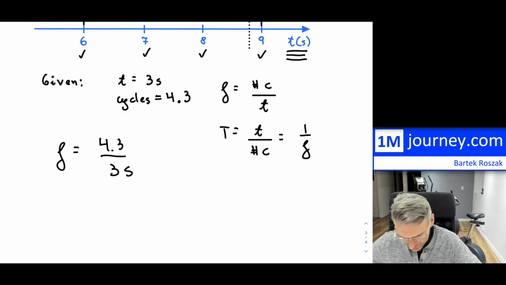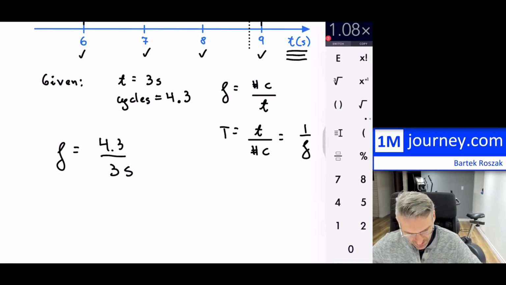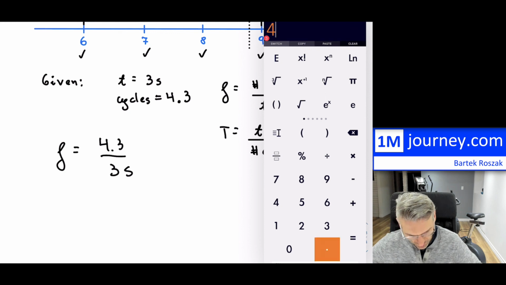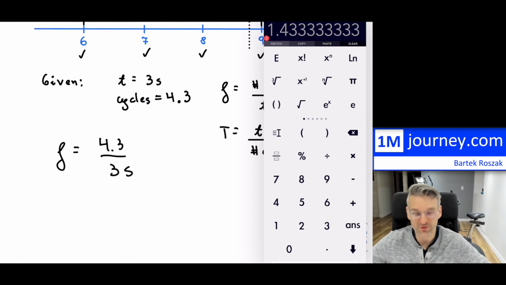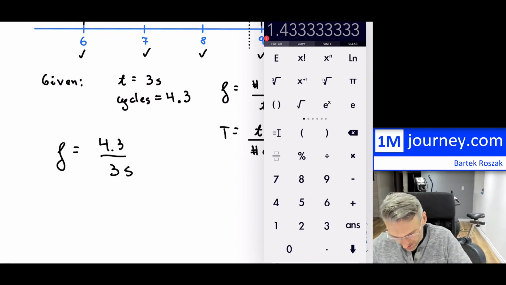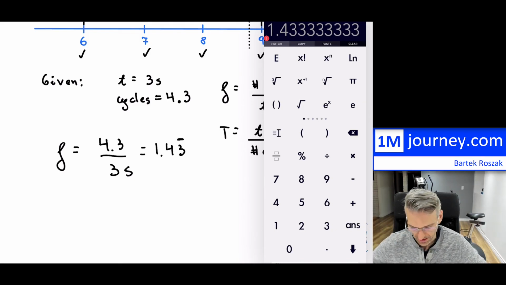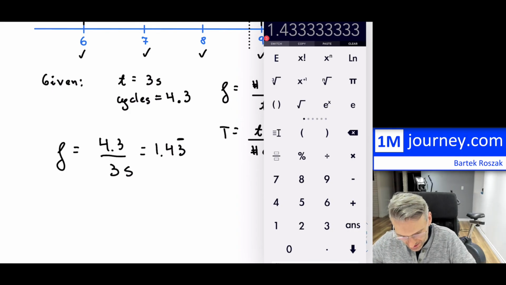If we did this, this is 4.3 divided by 3. I'm not going to round it at all yet. I'm going to put this bar because those 3's are repeating. But this is beats per second.